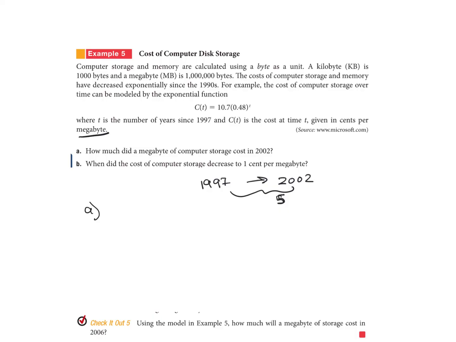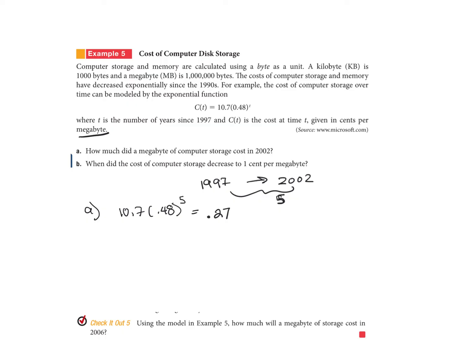So our answer for C is 10.7 times 0.48 raised to the 5th power. See how much that costs. And it costs 27 cents, rounding to the nearest cent, in 2002.